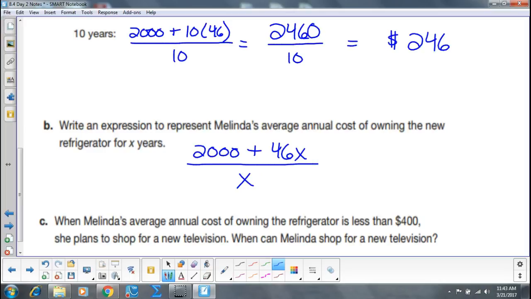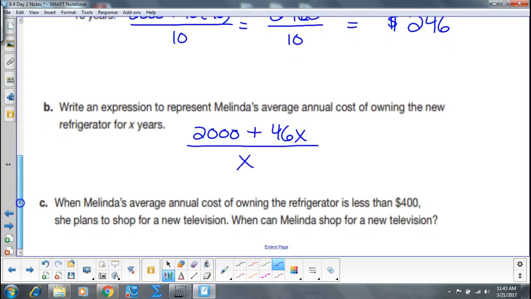Agree with that? $46 a year plus the initial cost divided by the years she's owned it. Okay? So now it's asking us, when is that cost going to be less than $400?